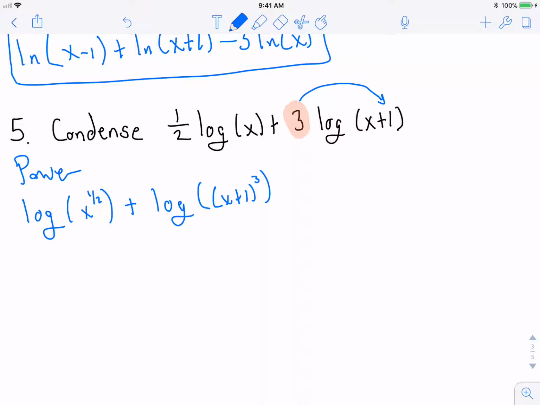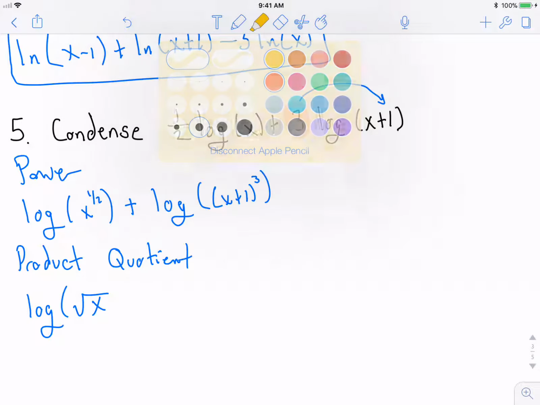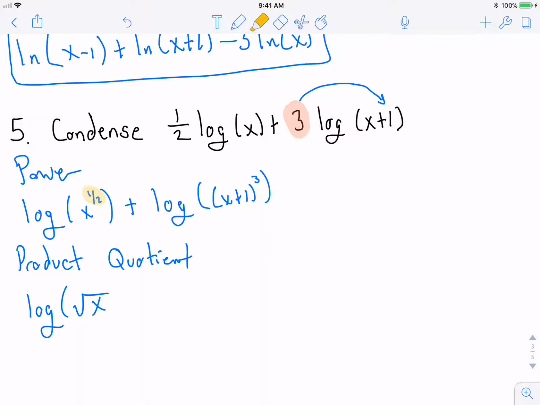Okay, now we've dealt with all of our powers on the outside, so we move on to product and quotient. And the addition on the outside will become multiplication on the inside. So this is log of the square root of x. Remember, fractional exponents become roots.